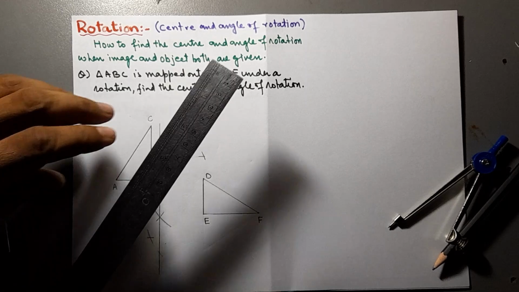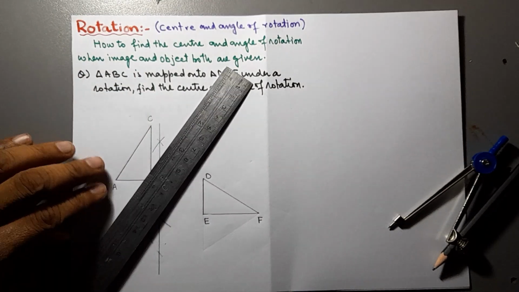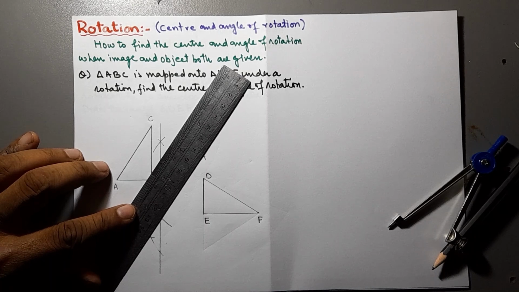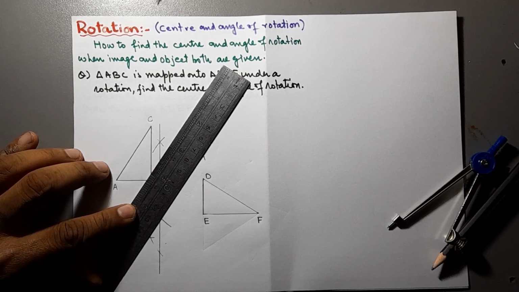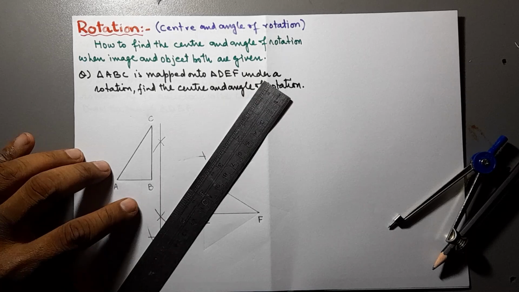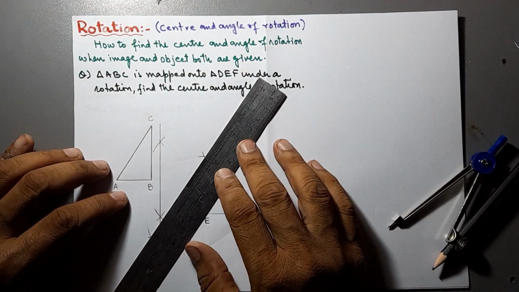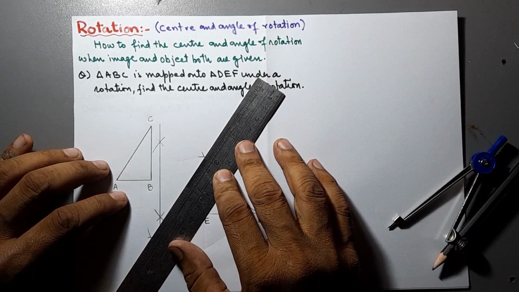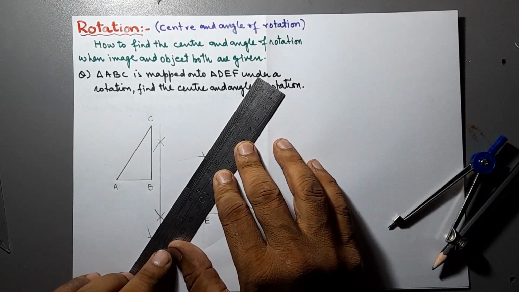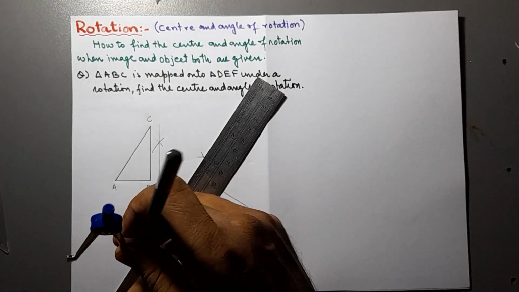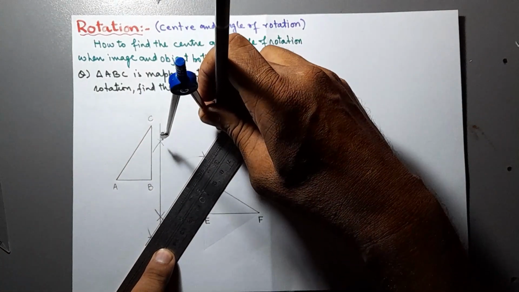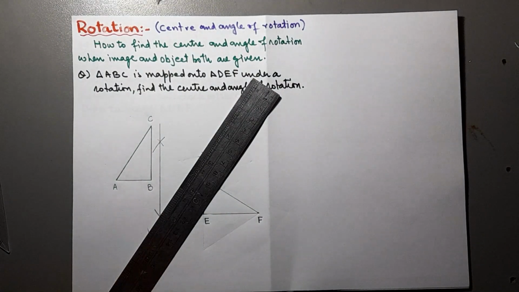I will join the two points of intersection. Now this one is the second perpendicular bisector.